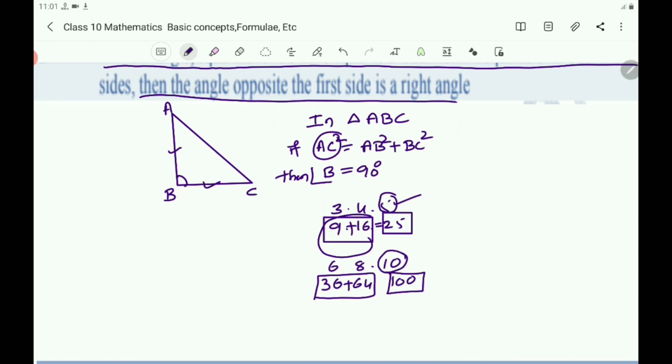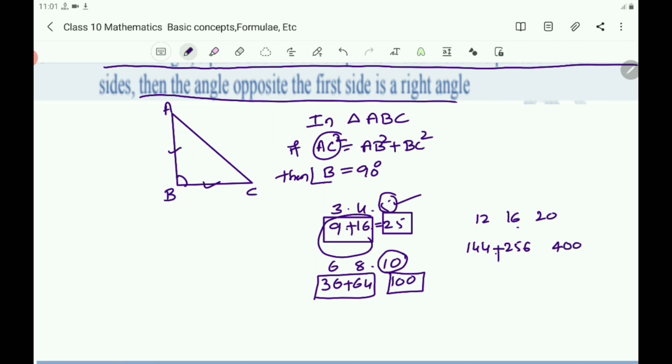The side with length 10 centimeters becomes the hypotenuse. In this way you can give many sets of Pythagorean triplets. So you can give here 12, 16, 20. 12 square is 144, 16 square is 256 and 20 square is 400.